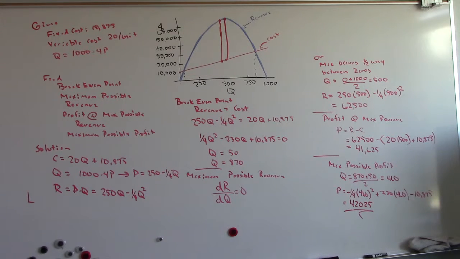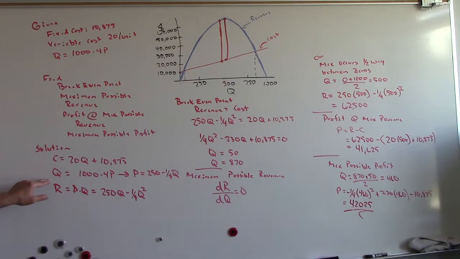So in solving this equation, we need to develop a cost equation. And keep in mind that the cost is nothing more than the variable cost plus the fixed cost. So in this case, we have a variable cost of 20 times the number of units produced plus the fixed cost of 10,875.